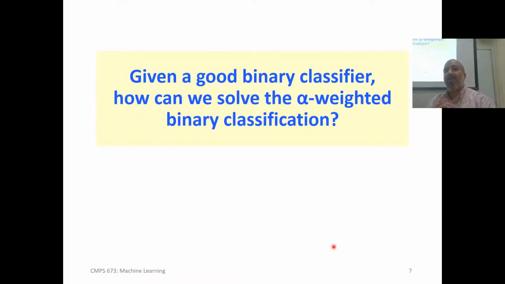Right. Now, we want to use what we learned about binary classification. So how many binary classification models we studied so far? Decision trees, KNN, and perceptron. Okay? And of course we will inshallah study more. So we want to use the binary classification models for this problem, the ones that we used as they are. So given a good binary classifier, how can we solve the problem that we have in hand now?